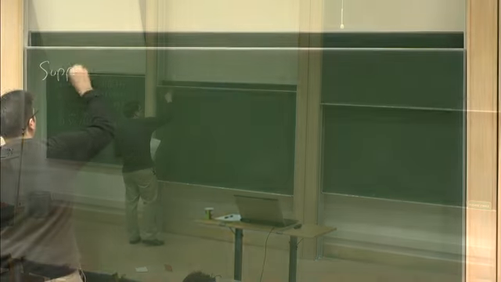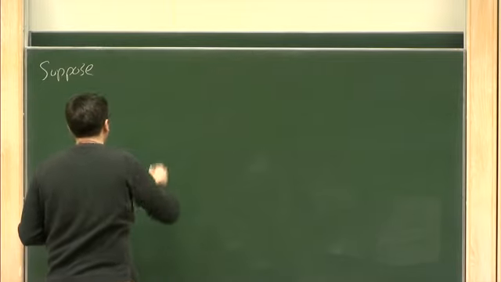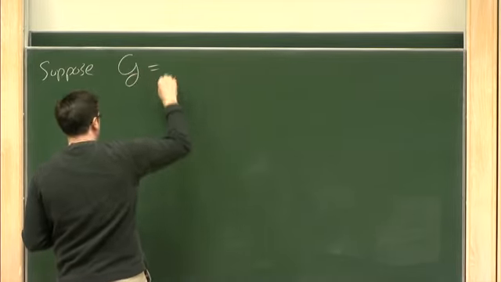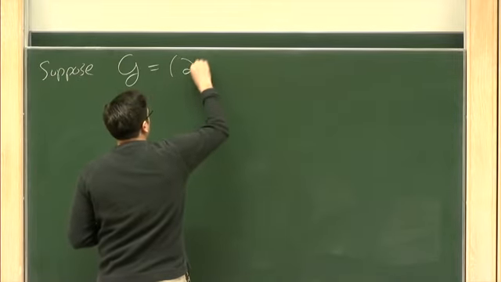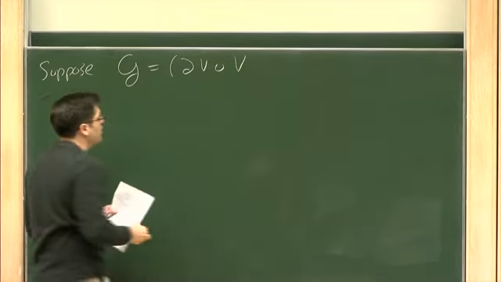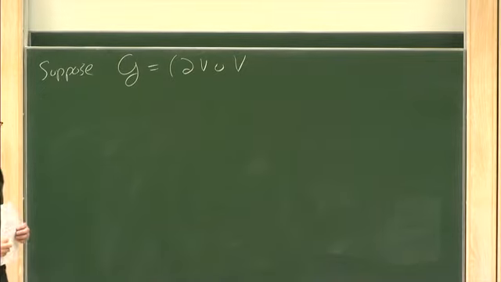OK, so here's the setup. I want to assume that I have a graph, and my graphs will always be written with this calligraphic G. Whenever I write the vertex set for my graph, I'm always going to decompose it into two different parts.